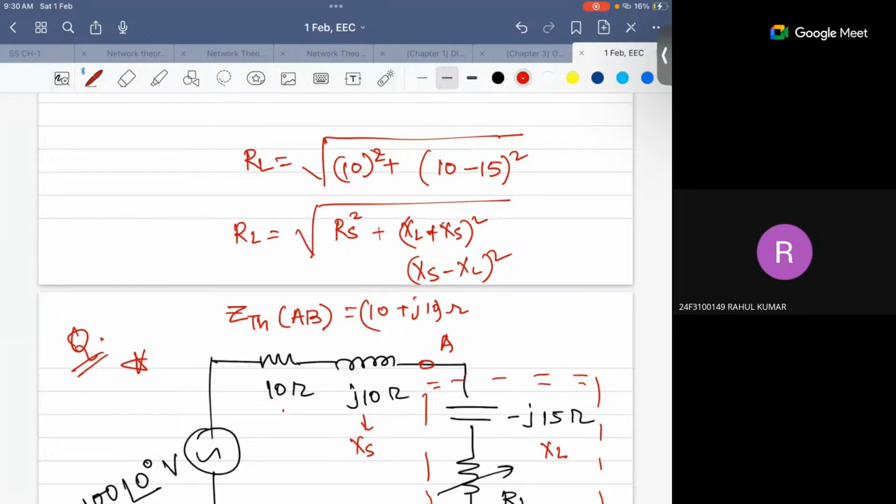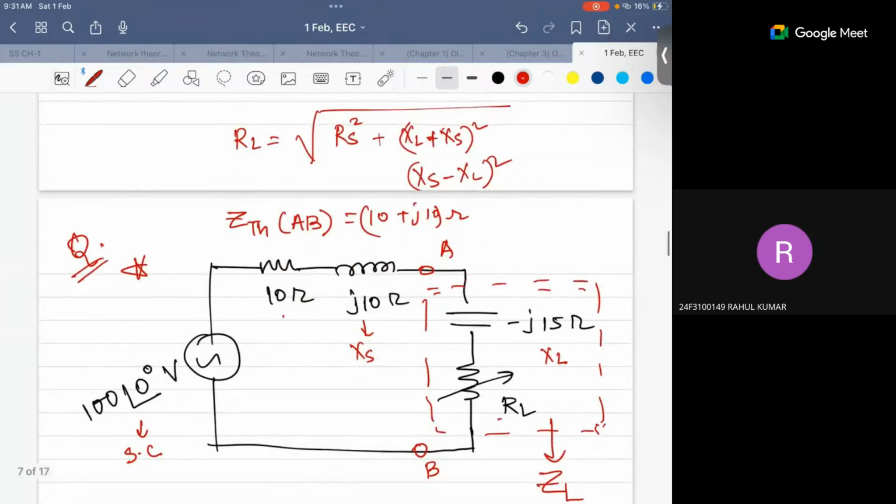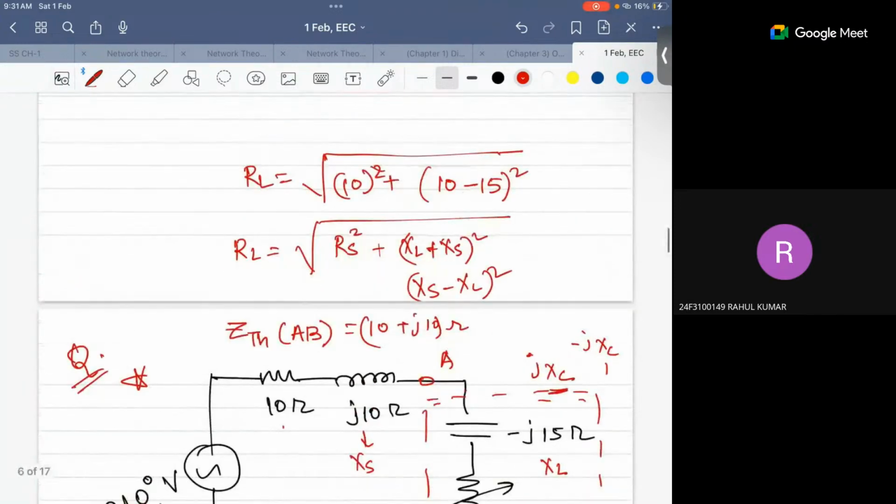But if you are taking XL plus XC whole square, then in that case your XL will become -15. It depends on how you are taking, right? If you are just taking it as jXC, then your XC will be a negative value. If you are taking minus jXC, in that case your XC will be that positive value. Are you able to get it? So it's just the way you represent it. Both are correct.